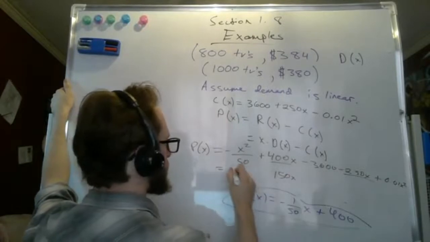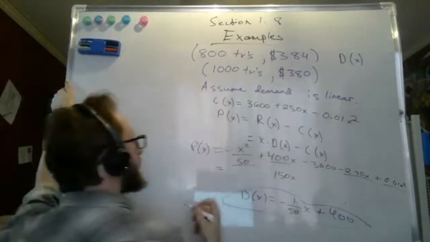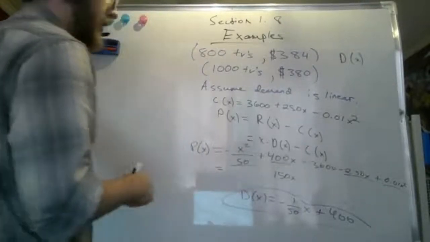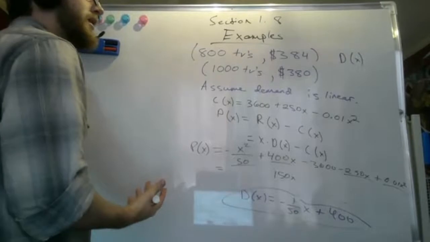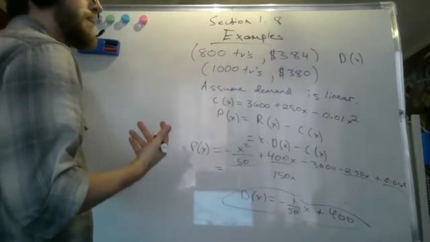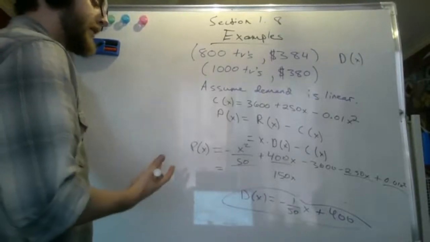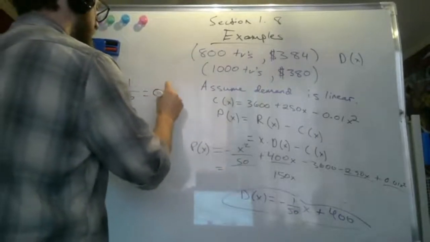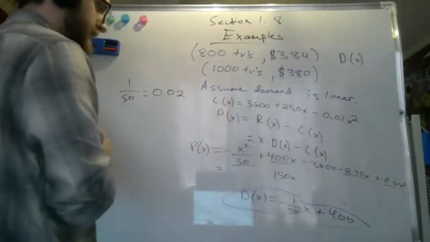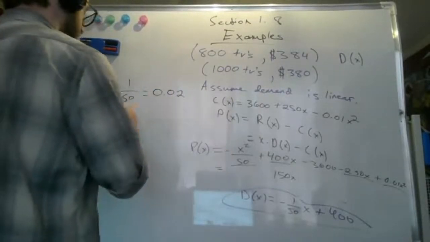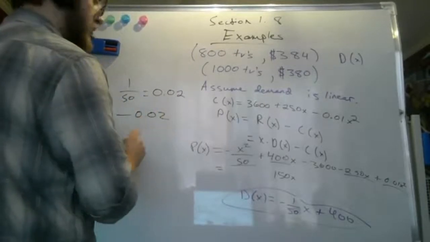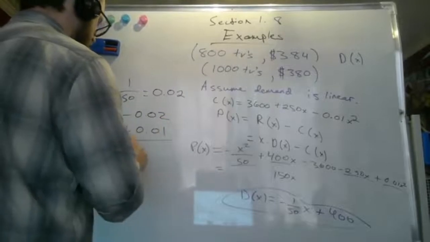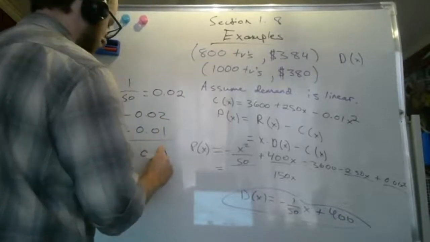Now next we've got this x squared and another x squared. That's 0.01 minus 1/50th. Recall that 1/50th, you can also think of it as 2%, but 2% is 0.02. So we have a negative 0.02 plus a 0.01, which is going to leave me with a negative 0.01.